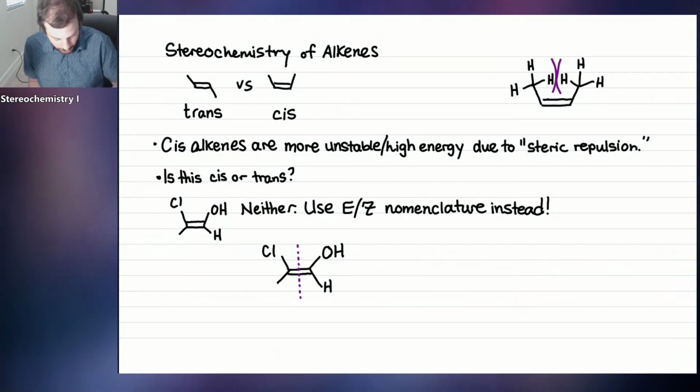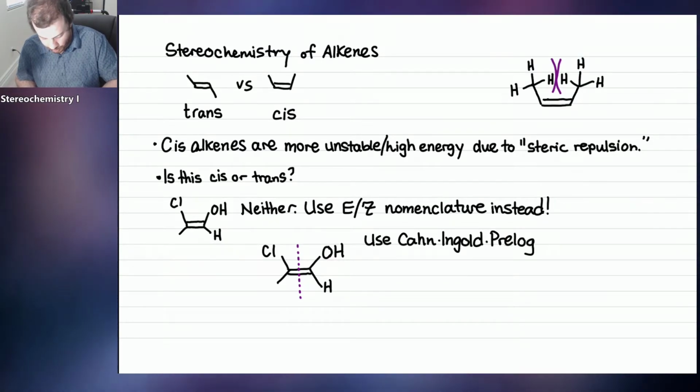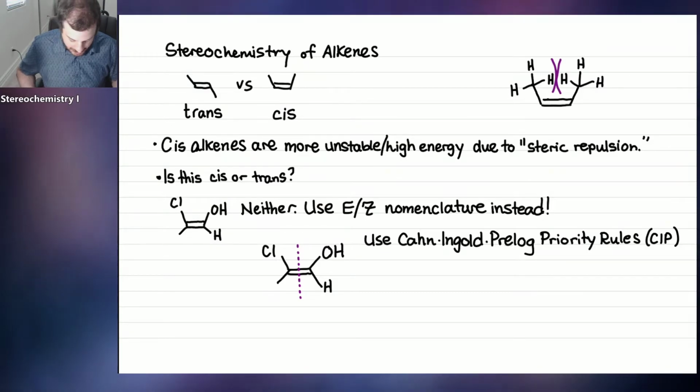And we're going to use something called the Cahn-Ingold-Prelog priority rules to choose a winner. Now that is a mouthful, so sometimes you'll see teachers, including me, just call these the CIP rules, Cahn-Ingold-Prelog rules. There are actually 3 parts to these rules, but we only need to use part 1 for this one.